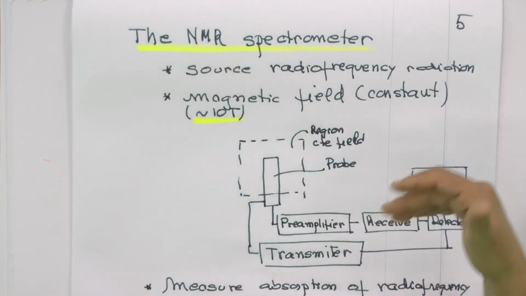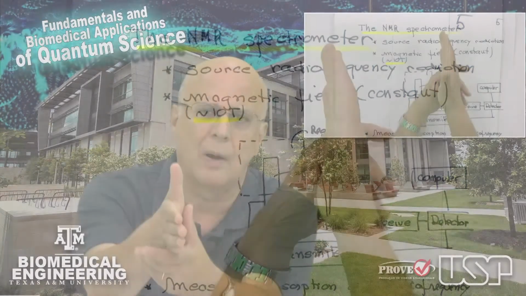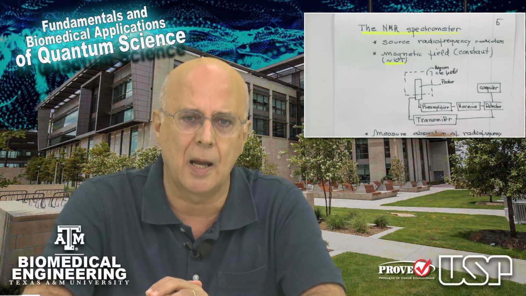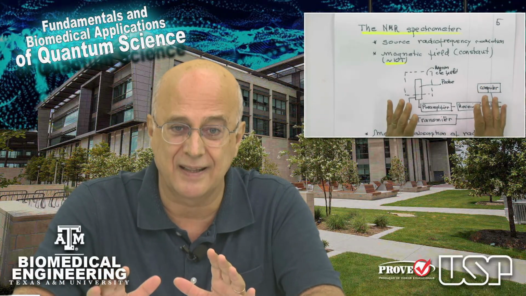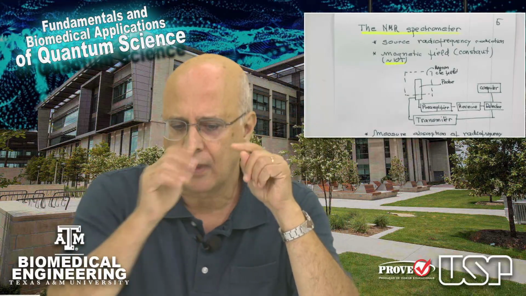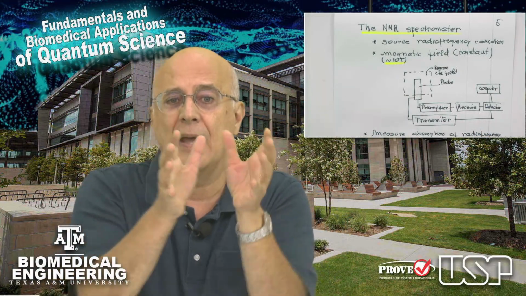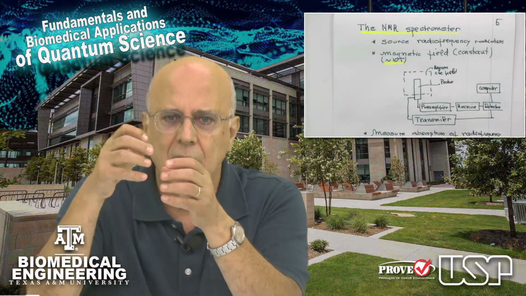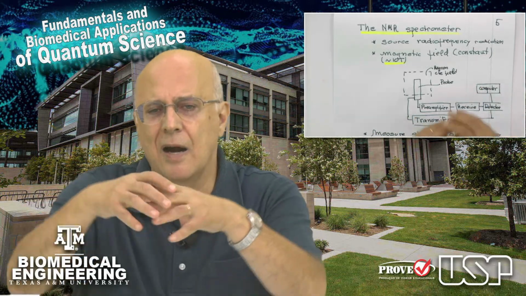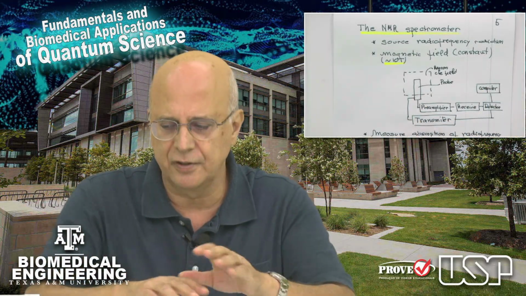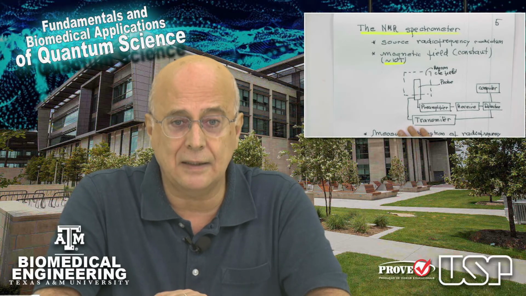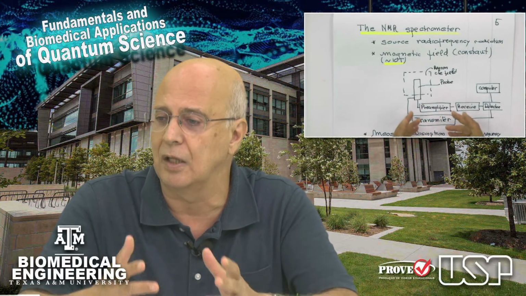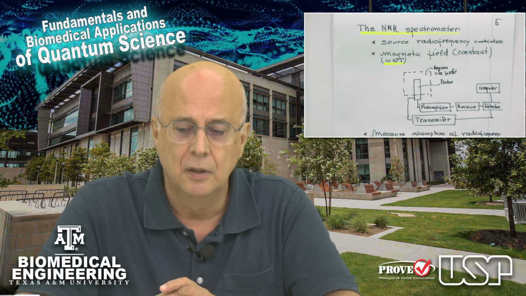When you apply a field, the electrons give a kind of response of the medium to that field, and that modifies it a little bit. So there is a kind of shift of the local field depending on the nuclei. So I can even identify that this carbon is in this part, and the neighborhood of this carbon is that, just because of those shifts. And that allows me to do images, and many things besides the identification.